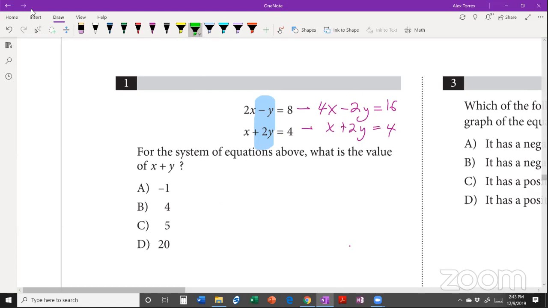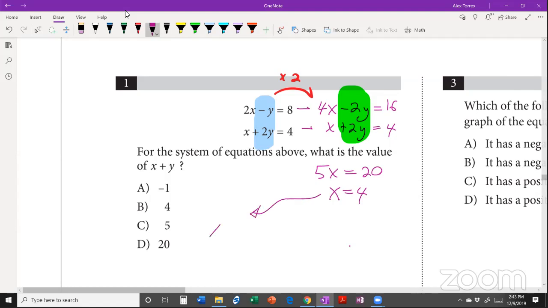Now the purpose of what we did is to create this situation by multiplying one of them by 2, which we did right here. We multiplied by 2 to every piece of it. We created that elimination situation. So now when you add straight down, you have 5x equals 20, divided by 5, and x equals 4. And then you can easily plug that back into either equation. I'll take the one that says x plus 2y equals 4.